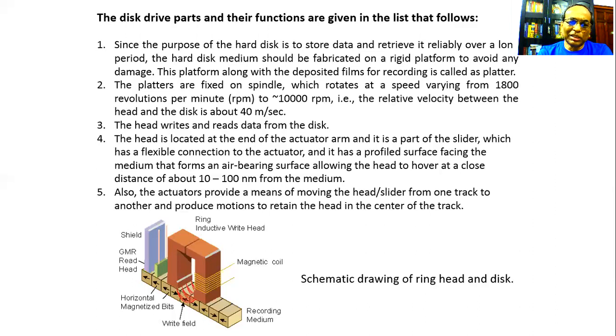So in the scheme, it is very much visible. There is a magnet coil in yellow and the GMR read head. Then the horizontally magnetized beads are shown here.